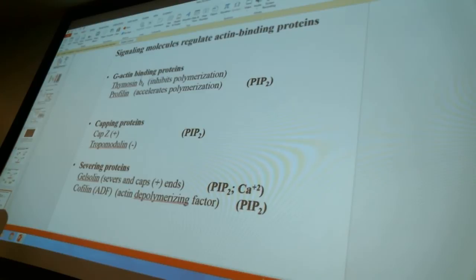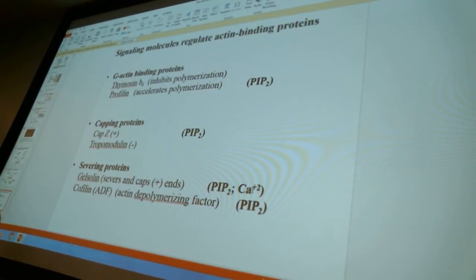For instance, thymosin and profilin, capping proteins, CAP-Z and tropomodulin totally depend on signaling from PIP2. And gelsolin, which is the severin protein, depends both on PIP2 and presence of calcium.